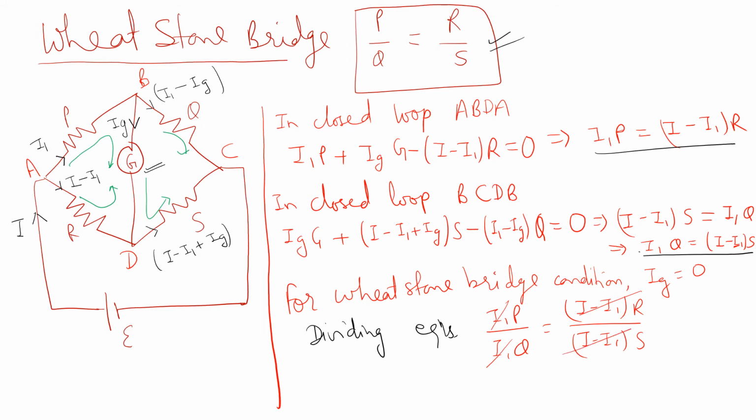So finally you will get P over Q equals R over S, and this is the final equation which we want. So I hope up to now everything is clear to you.